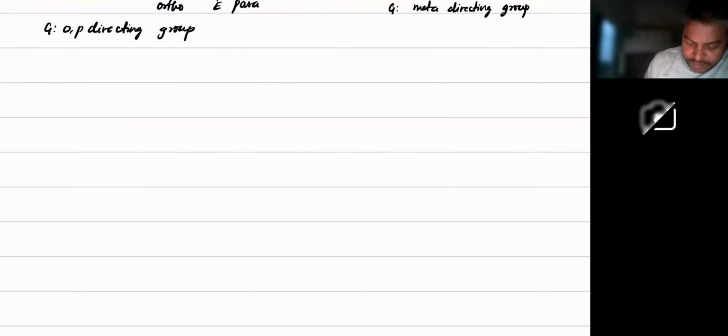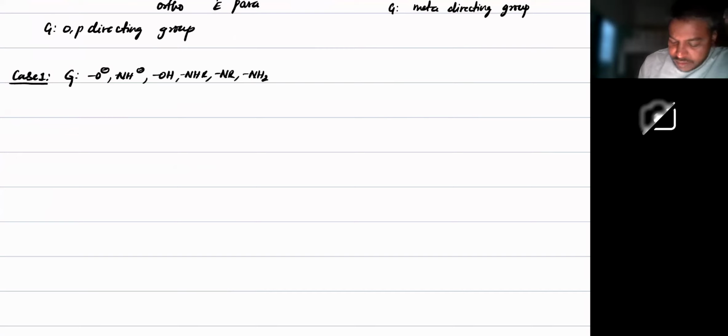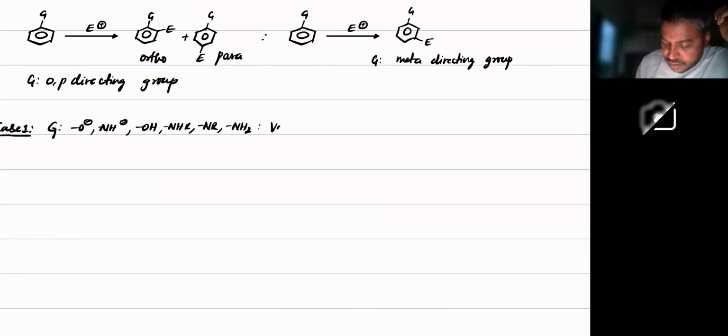So I'll start with case 1. If the group is O minus, NH minus, OH, NHR, NR2, NH2, these are very strong activating groups.